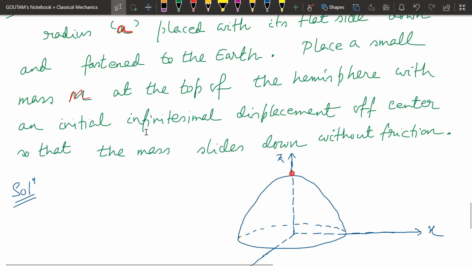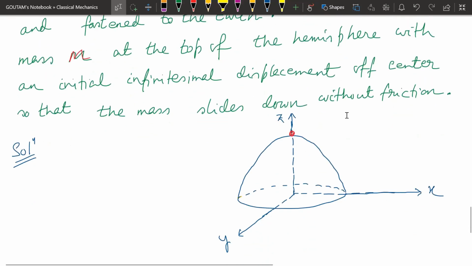But the moment you give an initial infinitesimal displacement in some direction, then we can treat the problem in a 2D plane, because let's say you give a very small infinitesimal displacement along this x direction.